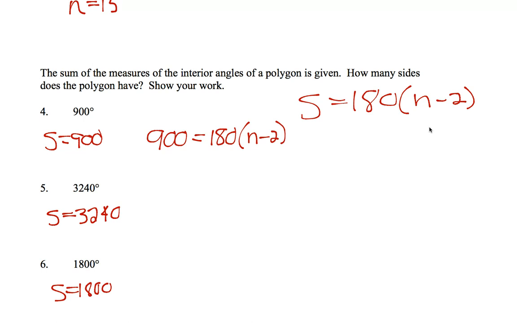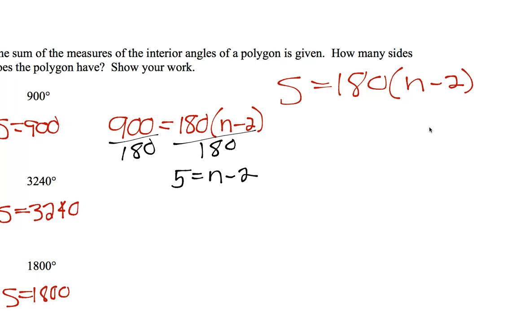Instead of distributing that 180, you're just going to make more of a mess. Remember, we're trying to get n by itself. N is all by itself. If we distribute the 180, you're just bringing something onto that n. So let's just get rid of that 180 from the beginning. That's 5.